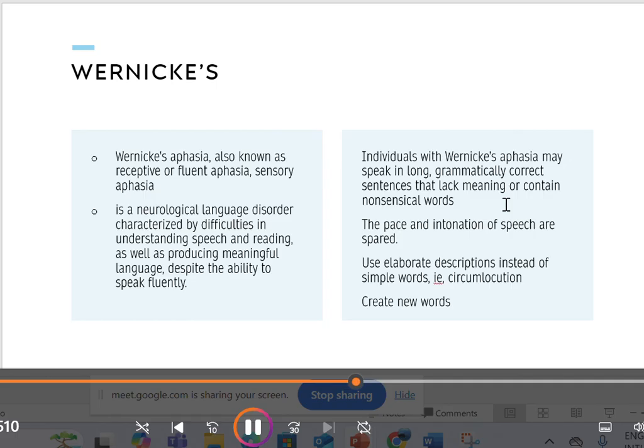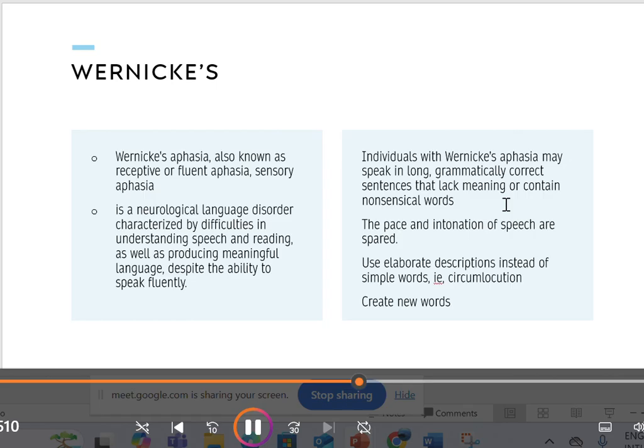In Wernicke's aphasia, we are not able to properly understand what others tell us. It is impaired. That is known as Wernicke's aphasia. It is fluent aphasia: what I tell comes in a fluent or proper pitch of a language, everything. It is a sensory aphasia.